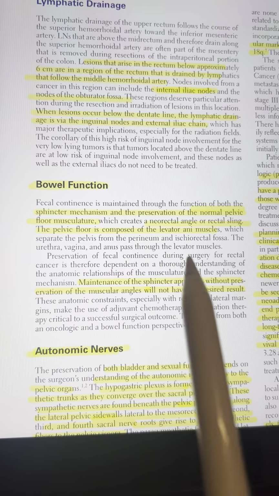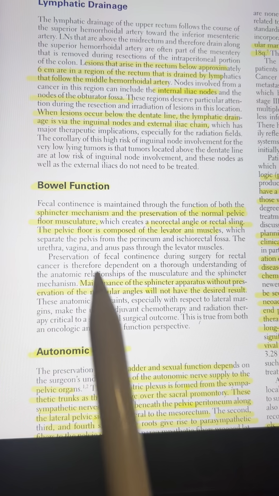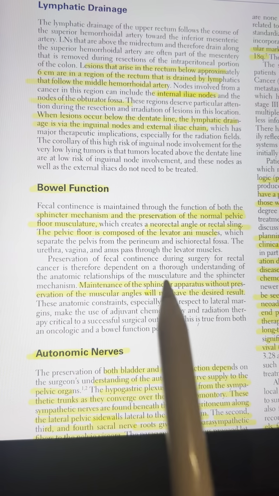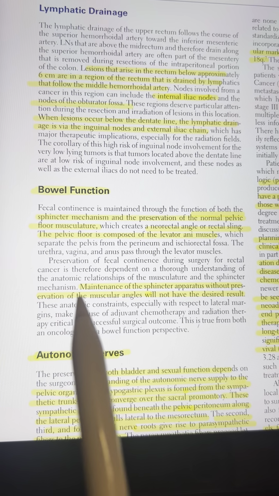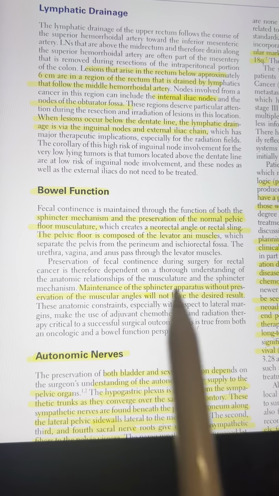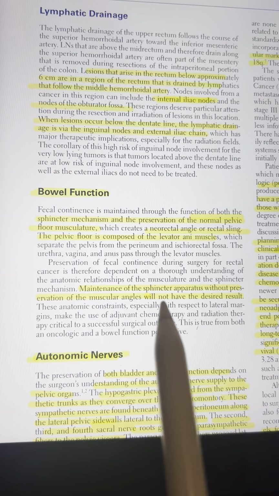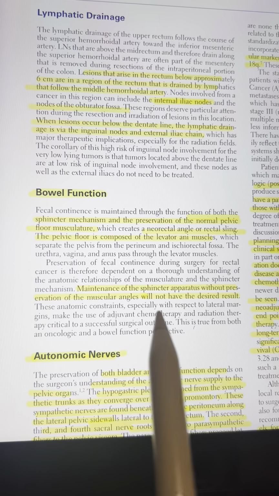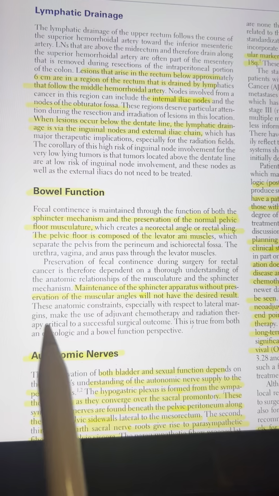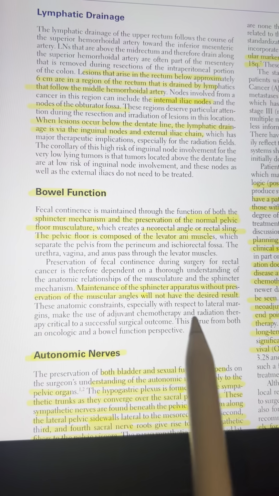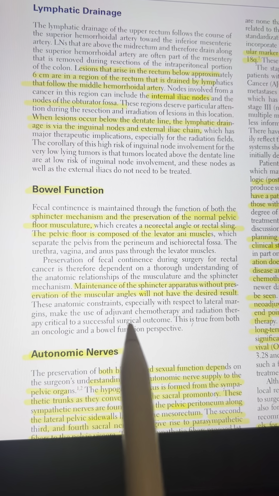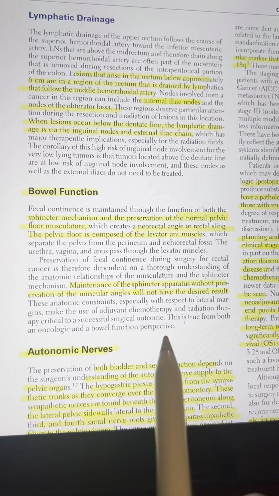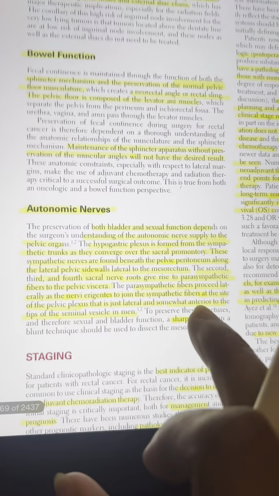Preservation of fecal continence during surgery for rectal cancer is therefore dependent on a thorough understanding of the anatomic relationship of the musculature and the sphincter mechanism. Maintenance of the sphincter apparatus without preservation of the muscular angle will not have the desired results, and these anatomical constraints, especially with respect to the lateral margin, make the use of adjuvant chemo and radiation therapy critical to a successful surgical outcome, from both the oncological and bowel function perspective.